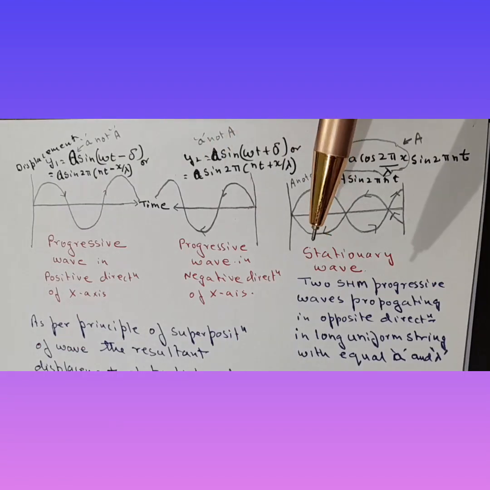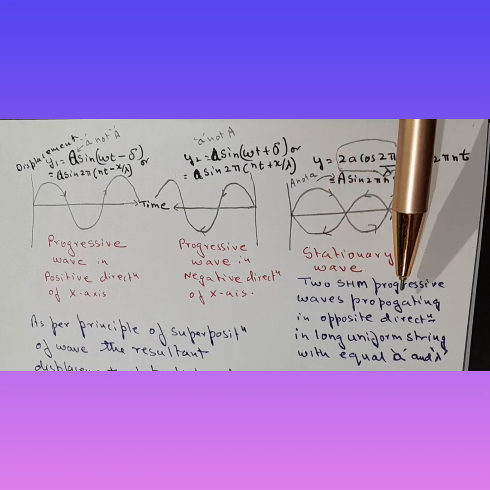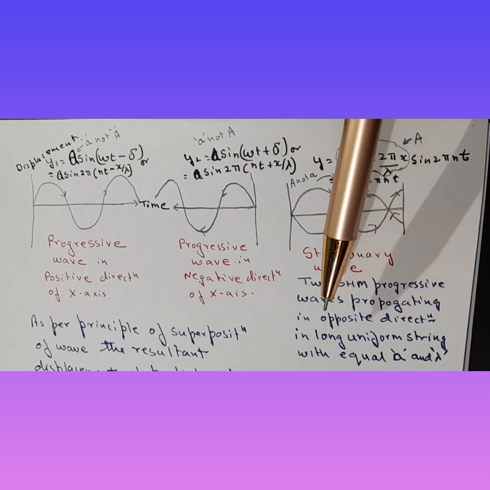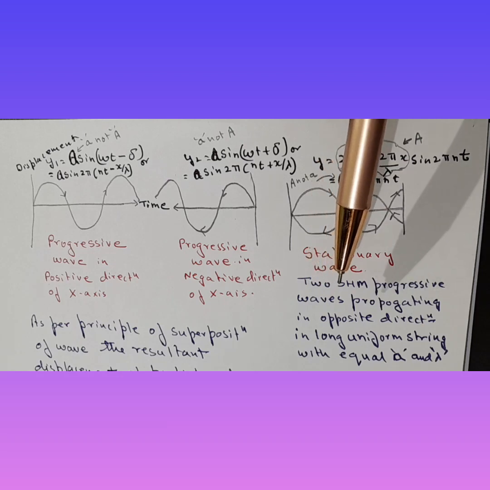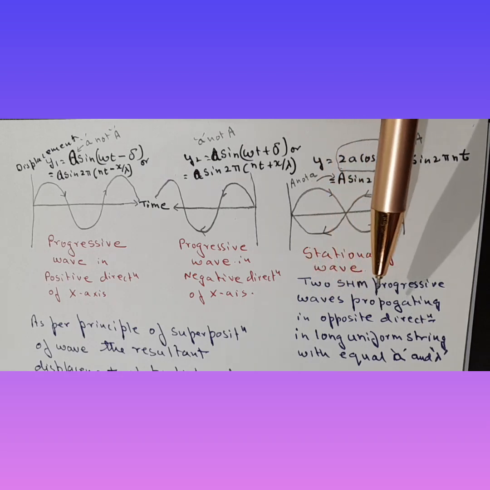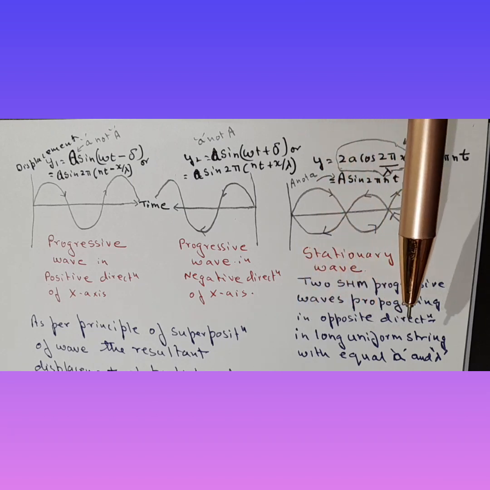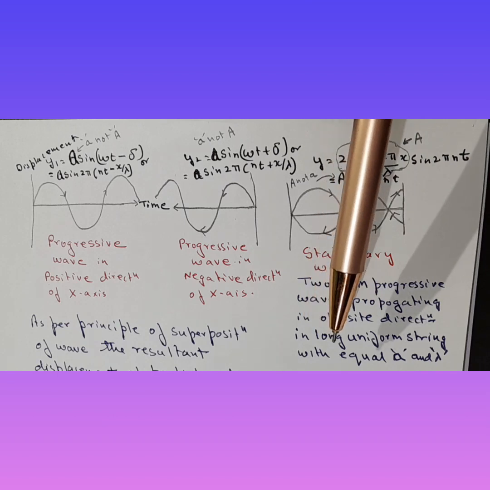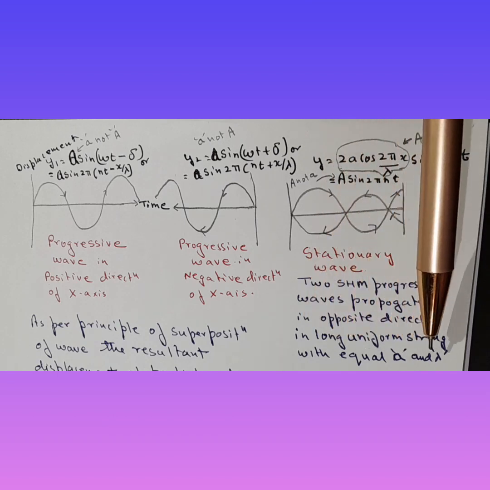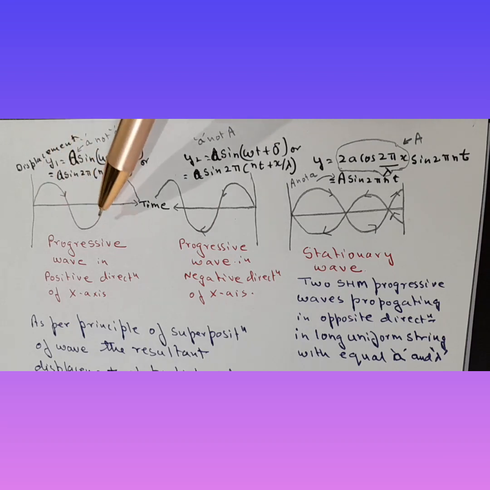Now think of a string which generates two SHM progressive waves propagating in opposite directions, in a long uniform string with equal amplitude and wavelength. This is one progressive wave.